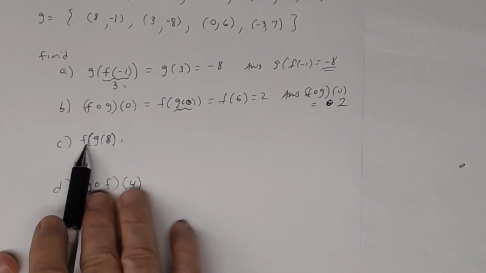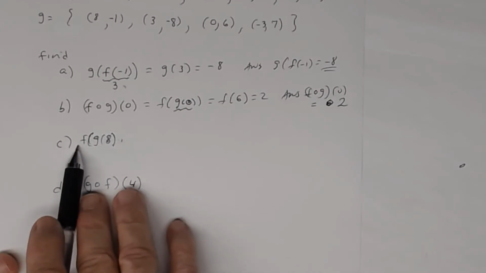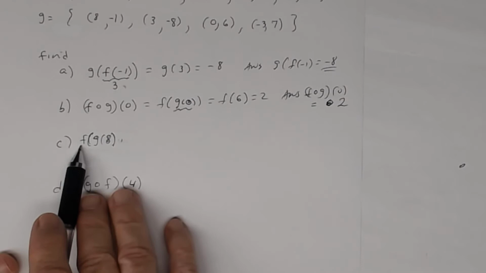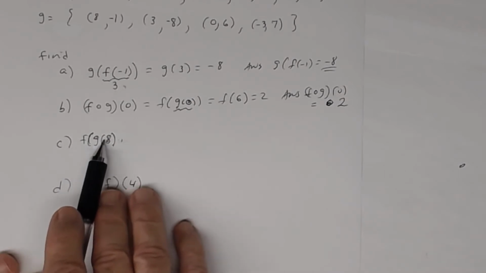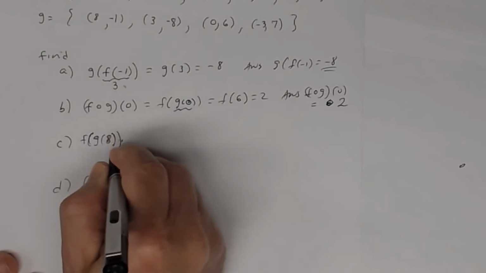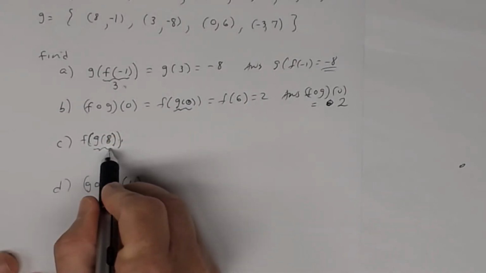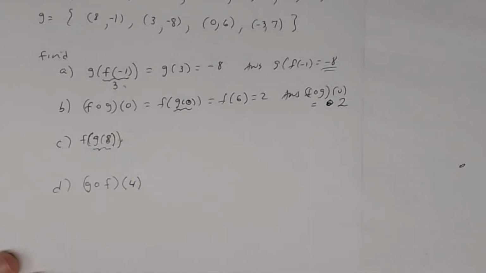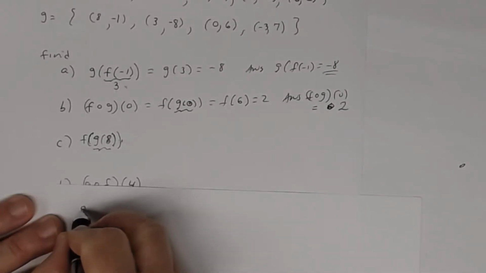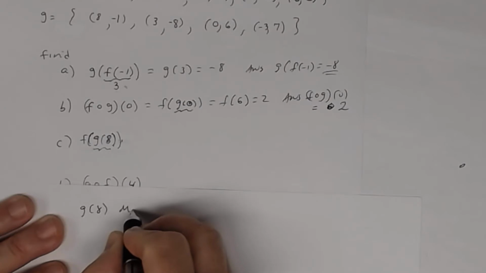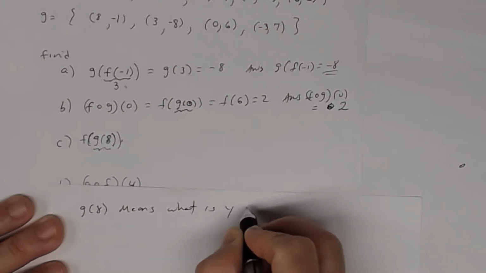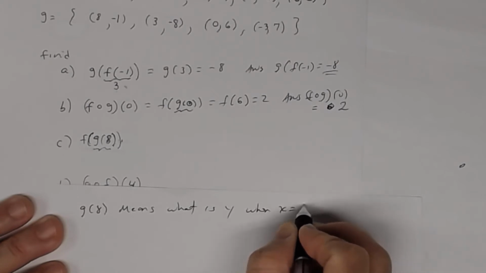So the next one, f of g of 8, that's how you read this, that's a composition. So I got to find g of 8 first, right? So let's talk about what g of 8 means. G of 8 means what is y when x equals 8?